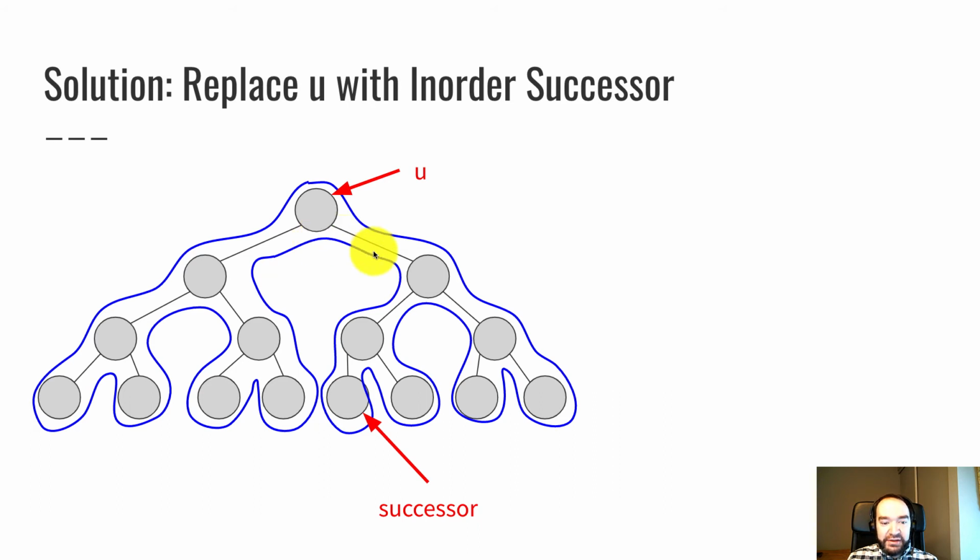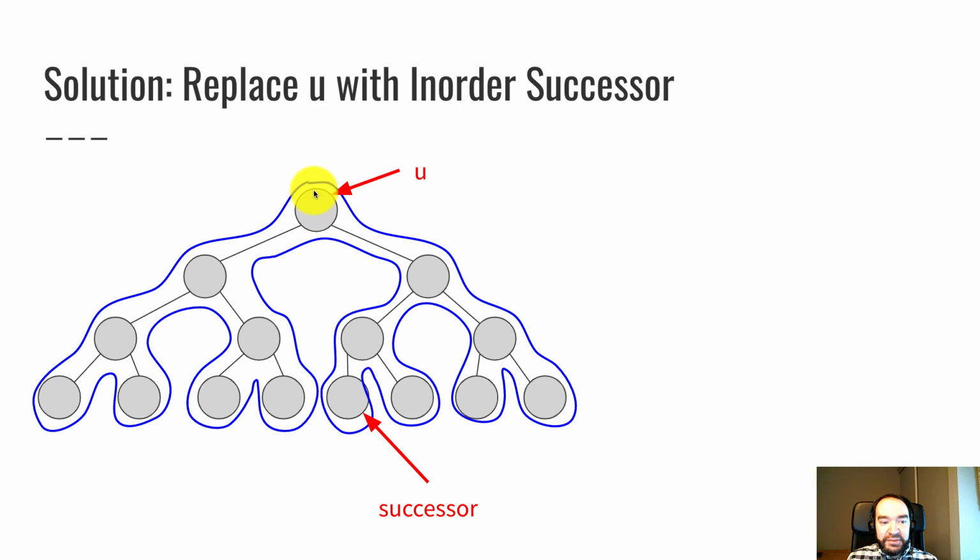The next key that gets visited in the in-order traversal is this one right here that's pointed at with this successor arrow. So that means that if we go through the increasing sorted order, we get to U's key. The very next key that we'll see is this one down here. That's called the successor of U. And because of that, we can take the key in this particular node, copy it up into the root node, and that will preserve the binary search tree order.